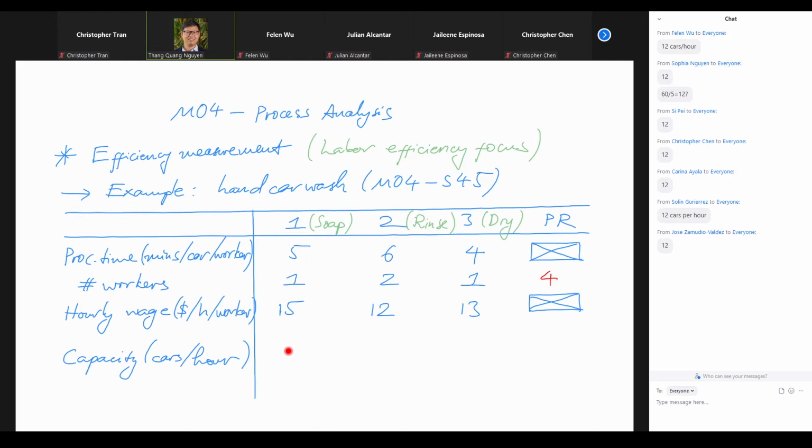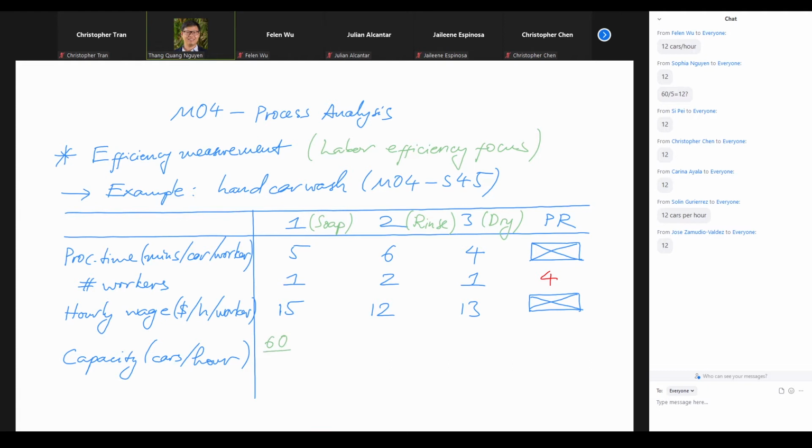And, okay. So how to formally calculate it? Let me write the question with you, right? So we talk about how many cars an hour. And in 1 hour, we have 60 minutes. So I would write out that hour is 60 minutes, right? And then we know that we can handle a car every 5 minutes.